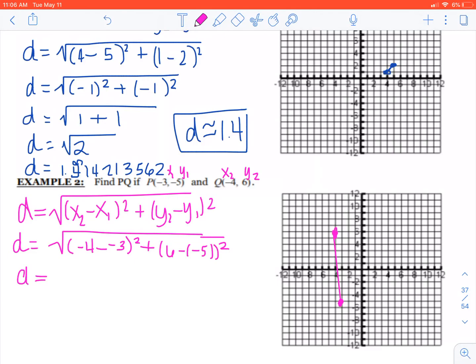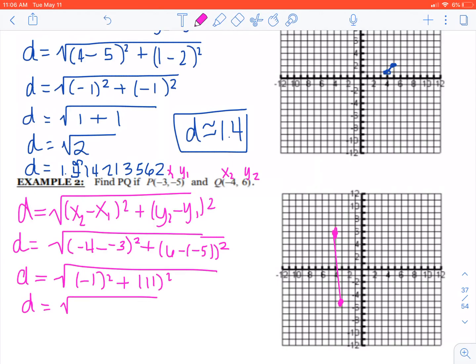So you're going to take your calculator to do this math. Don't try to do this on your own. We're going to type into our calculator negative 4 minus negative 3, which is negative 1 squared, plus 6 minus negative 5, which is 11 squared.